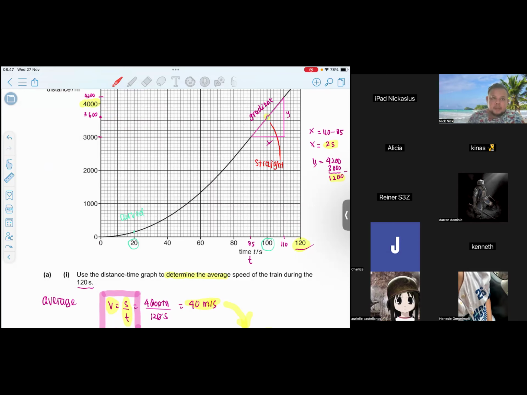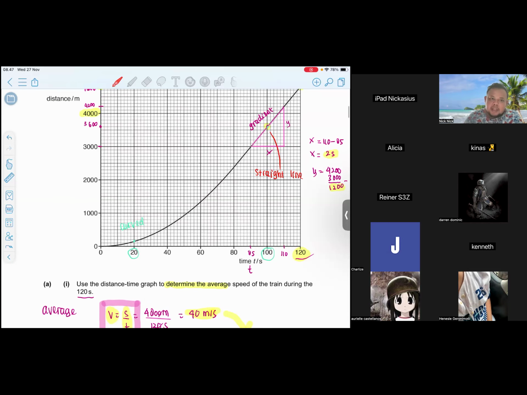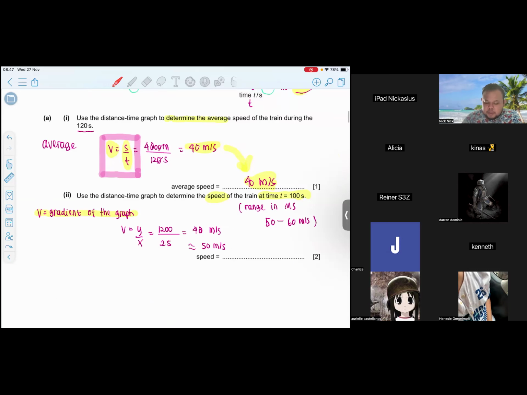At t, this is a straight line and a curved line. At the curved line, the acceleration is bigger than zero.